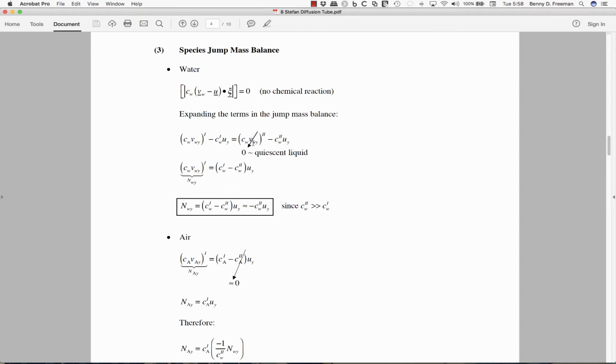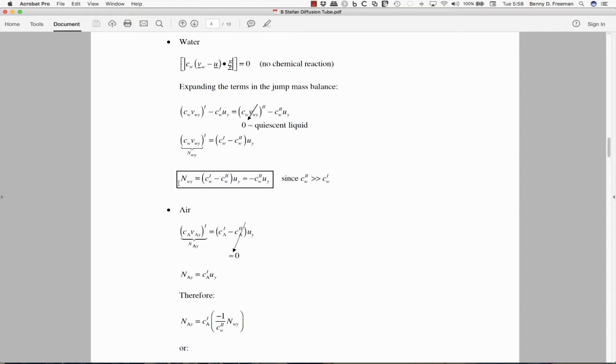We expand or write out these terms explicitly as we did earlier, with the assumption that the liquid water is not moving in the y direction, or it's quiescent, and this will give us an expression basically for the flux of water at the liquid vapor interface, and it's related to the concentration of water in the liquid phase times the interface velocity.